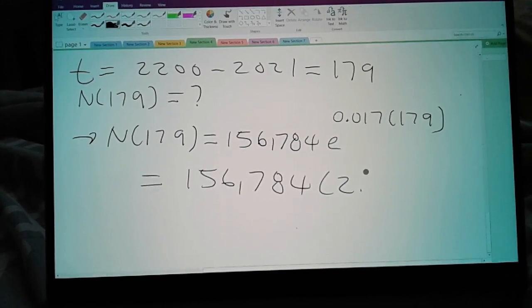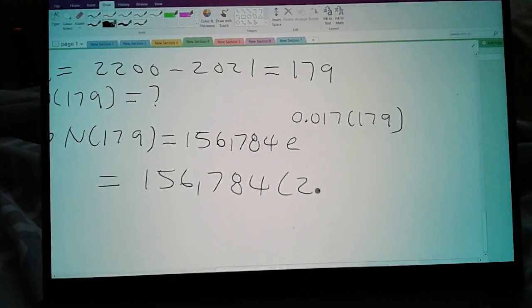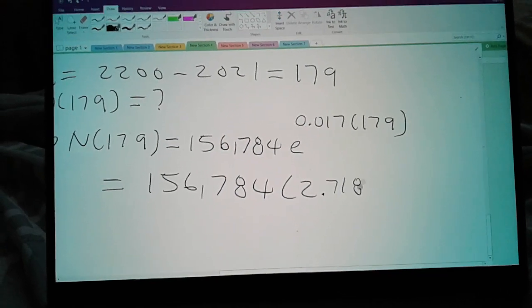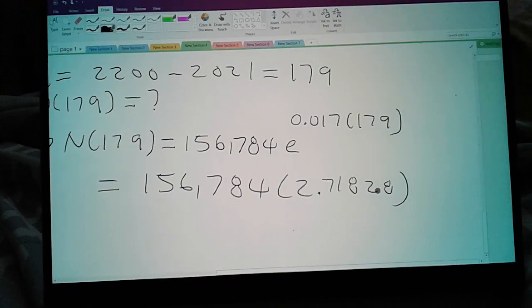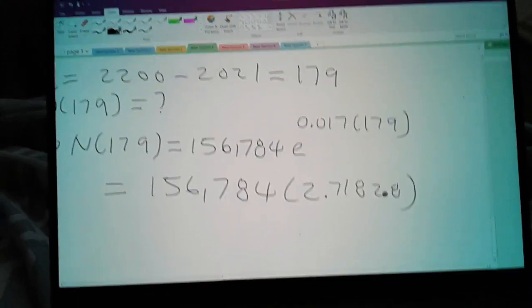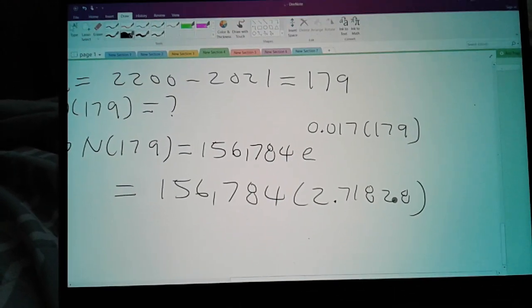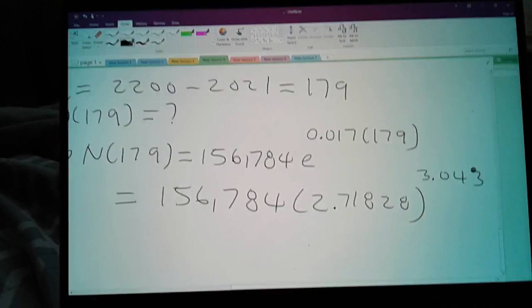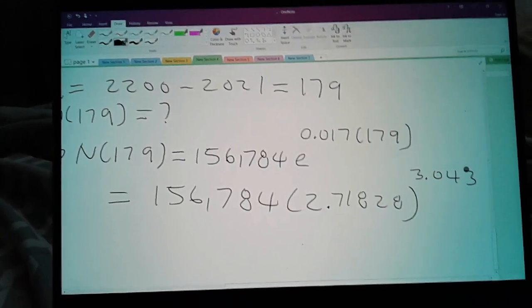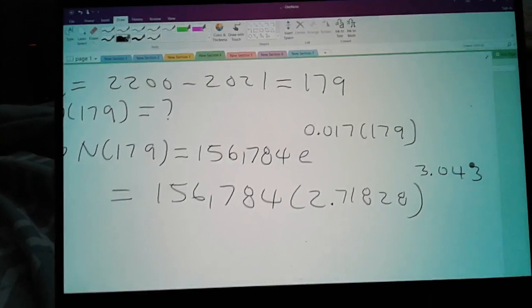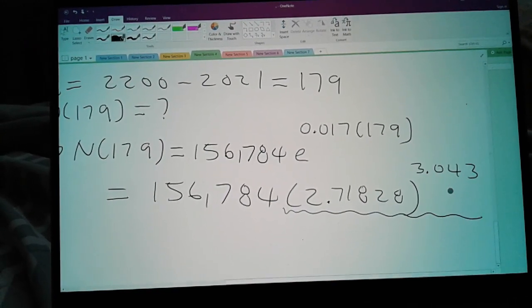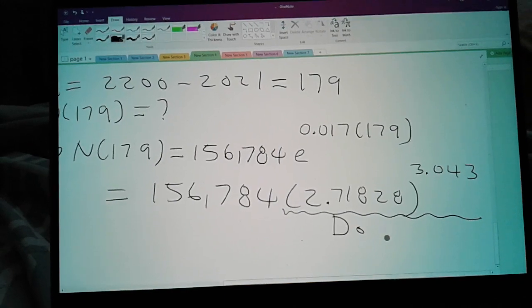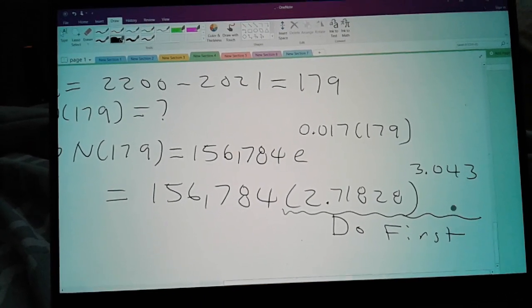So if I do this a long way by hand, I know e is 2.71828. So if I multiply 0.017 by 179, we get 3.043. So I have to do all the math here and I have to do the exponent before the multiplication, as always, PEMDAS.